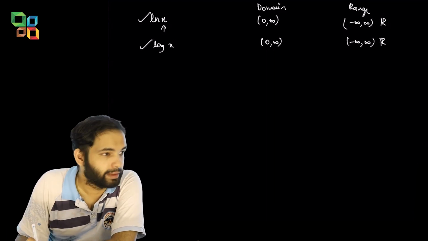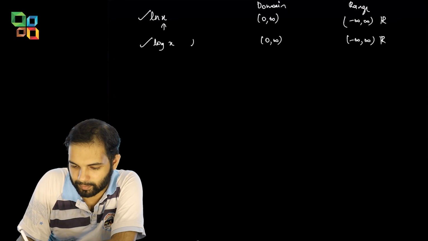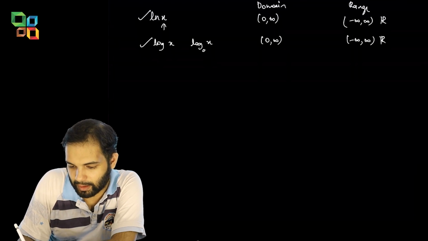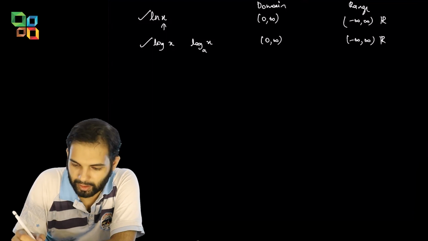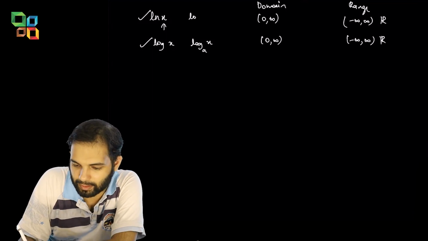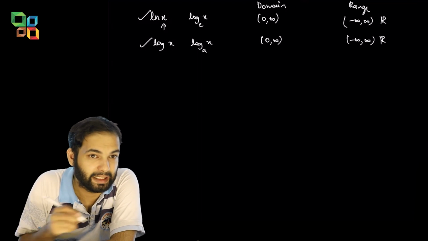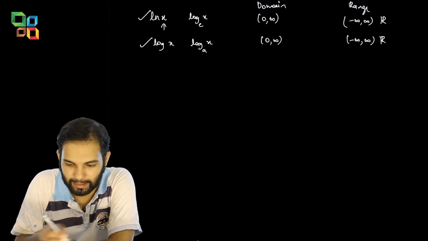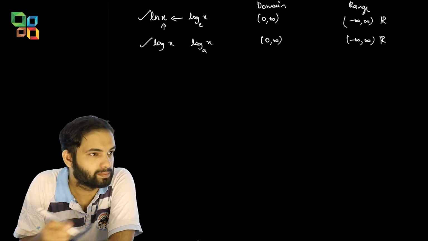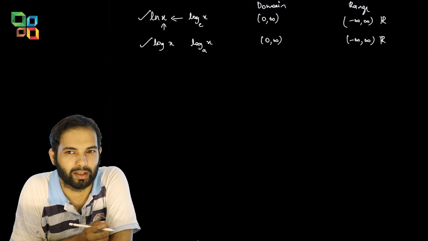Okay. In logarithms, there's something called base. So we say log x to the base a. Here, whenever we write ln x, it is usually to the base e. Therefore, we use a different symbol called ln. Whenever it's base e, we use ln. It's called natural logarithms.